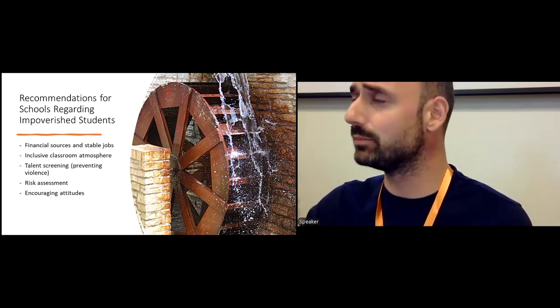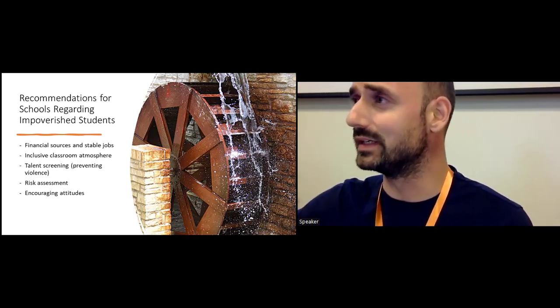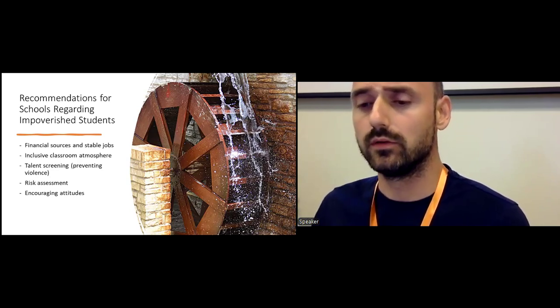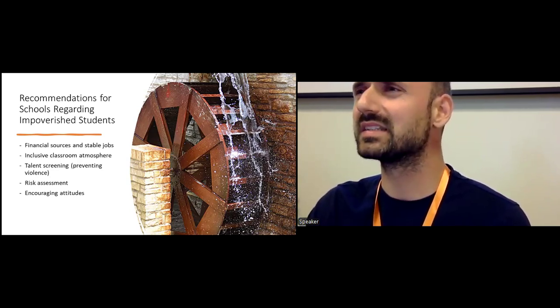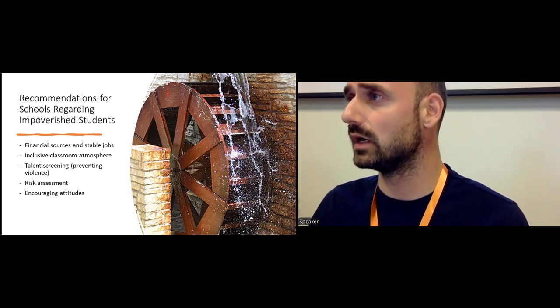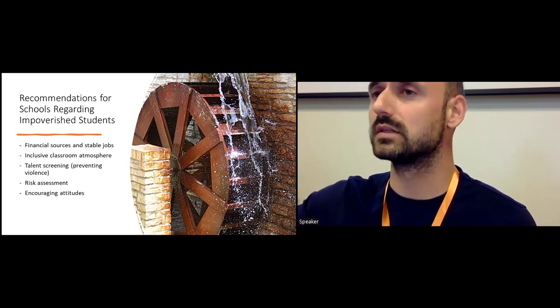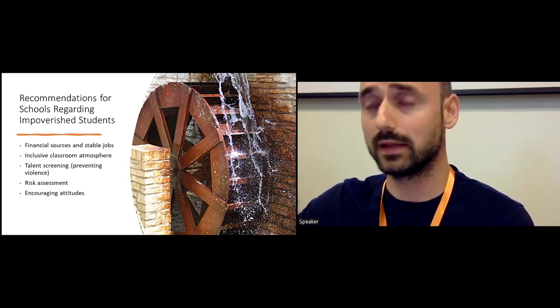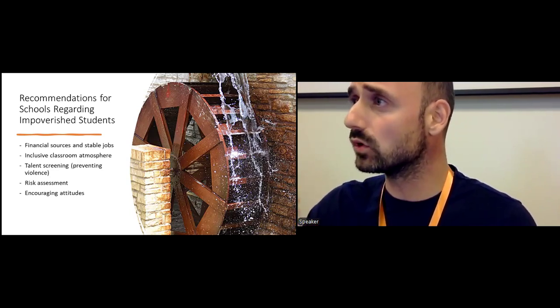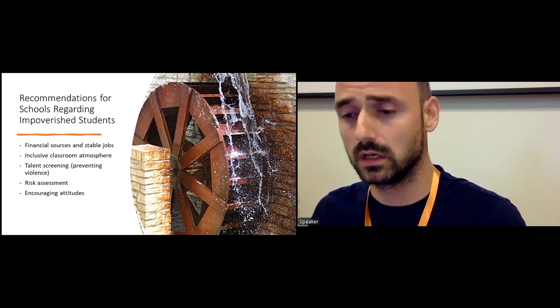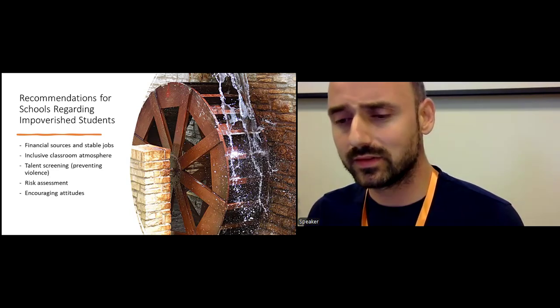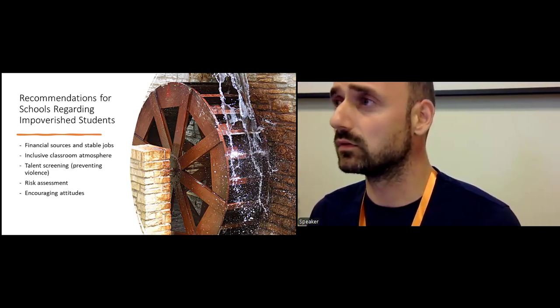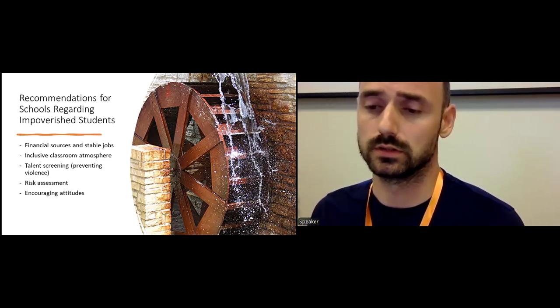That's why at the beginning of the educational year, every year, we have to conduct a talent screening process. We have to know what kind of talents these students have, so that we can focus on improving their talents. And I believe that might help prevent violence among impoverished students.